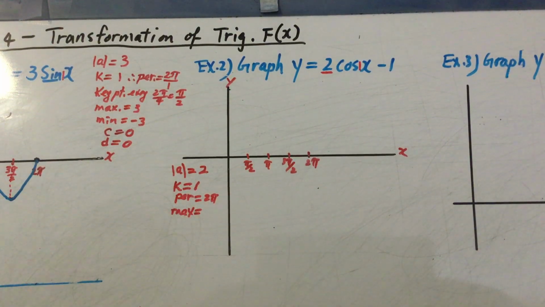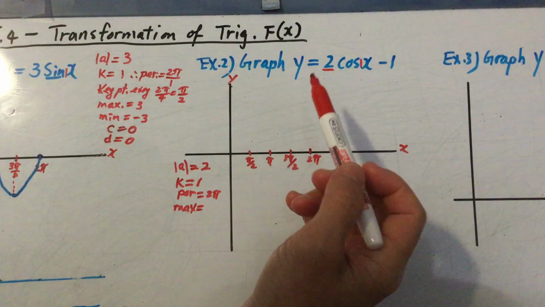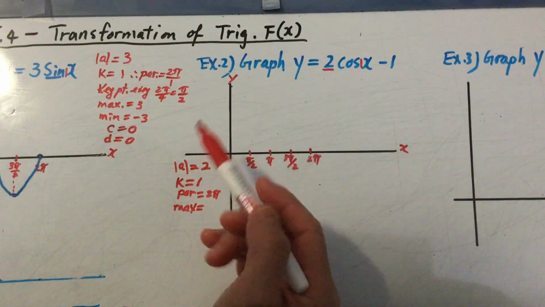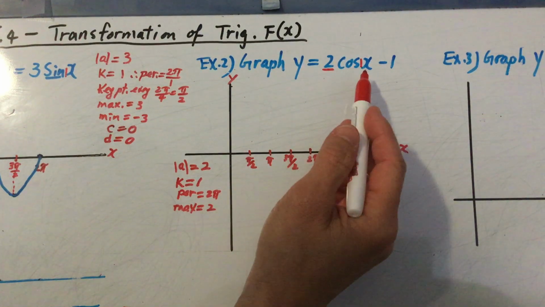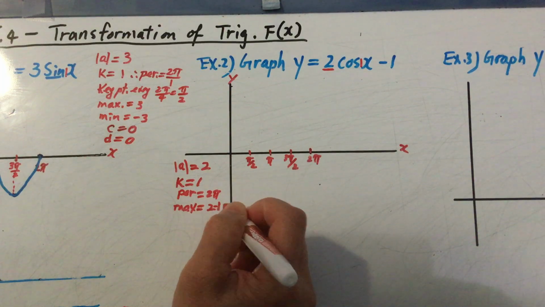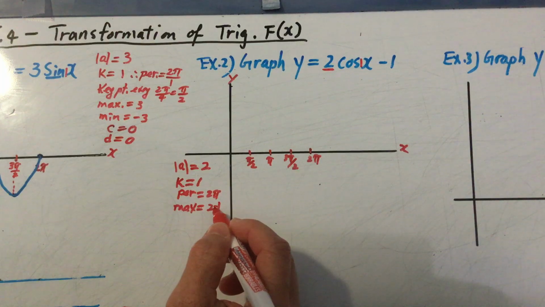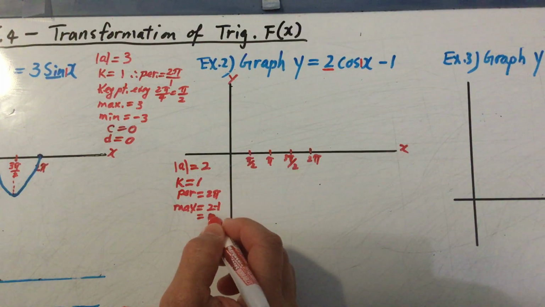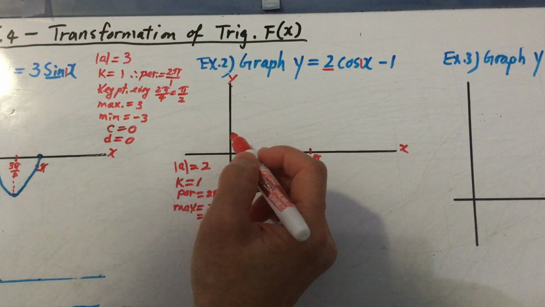The maximum value here is going to be the absolute value of the amplitude, which is 2, plus the c, which is going to be minus 1. So the maximum is the amplitude 2 minus 1, which will give you 1. So the maximum is going to be at 1.